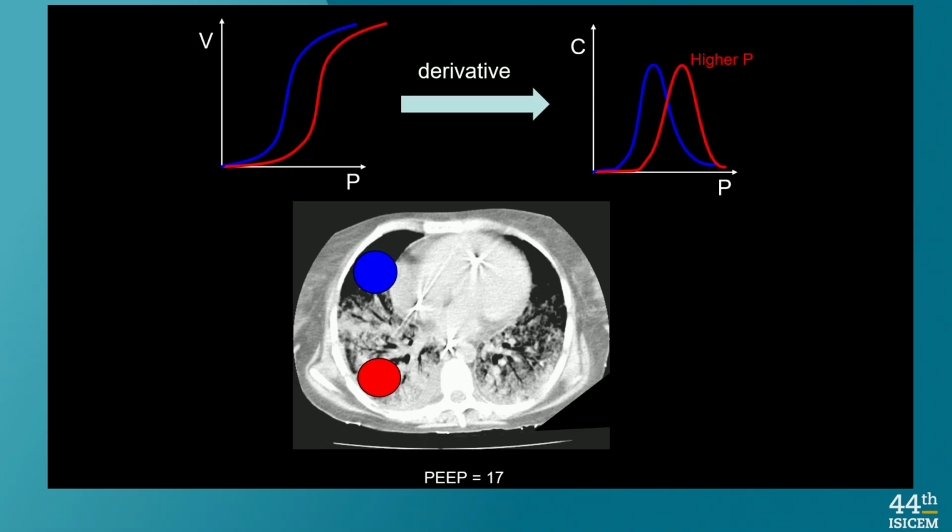And this is the distribution of pressures. It's like a histogram of units of the lung. So the blue units have a peak of compliance, so they have a concentration of units with closing pressures at this level and the red ones at these pressures.